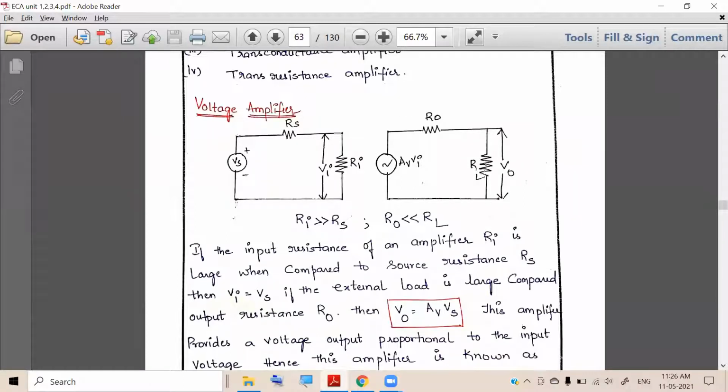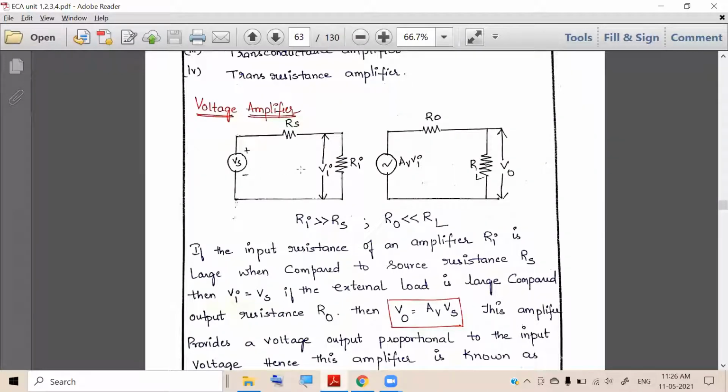Then RL much greater than R0. When these conditions are satisfied, then Vs will be equal to Vi, and so we can write Vs here. AV Vs we can write, and then V0 will be equal to AV Vs.